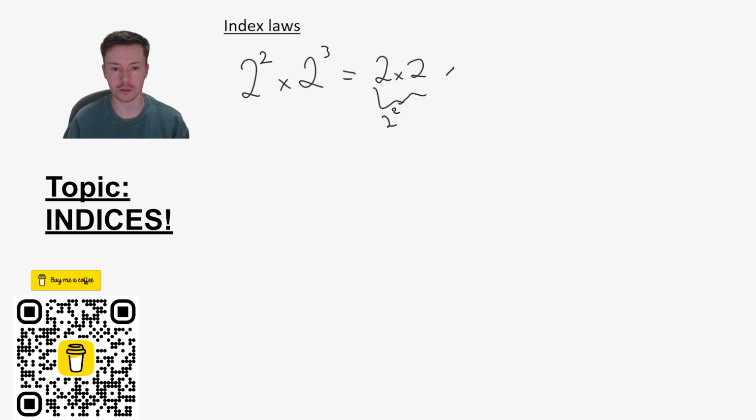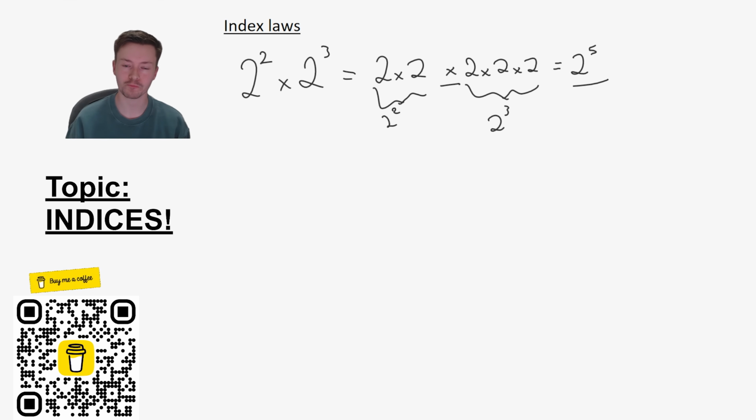And then we've got that times by 2 times 2 times 2, which is 2 cubed. Okay, now what that gives us is, well, how many 2s have we got? We've got 1, 2, 3, 4, 5. So if I've got five 2s multiplied together, that's got to be 2 to the power of 5.